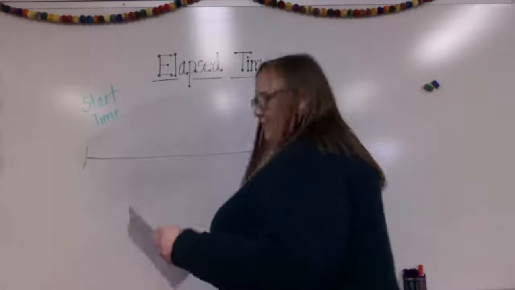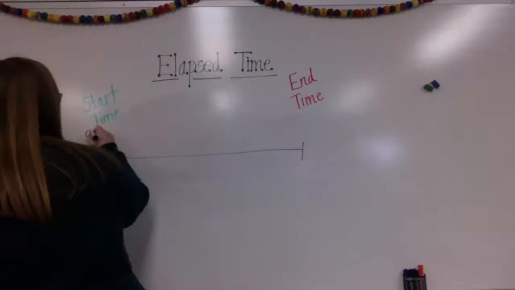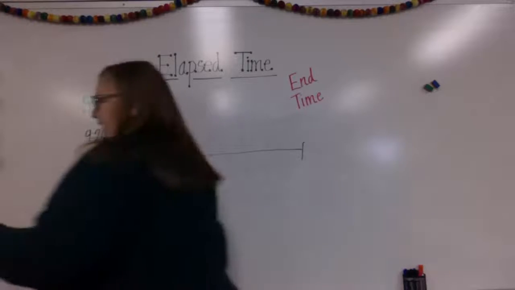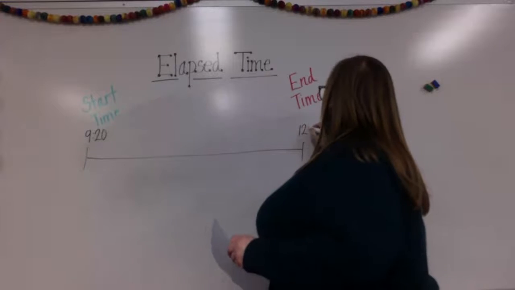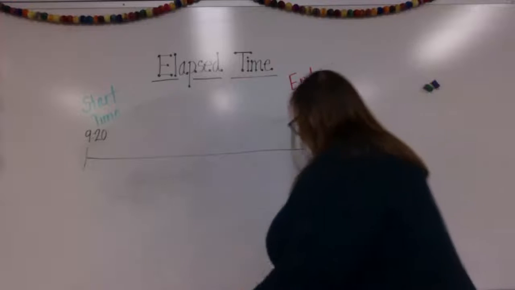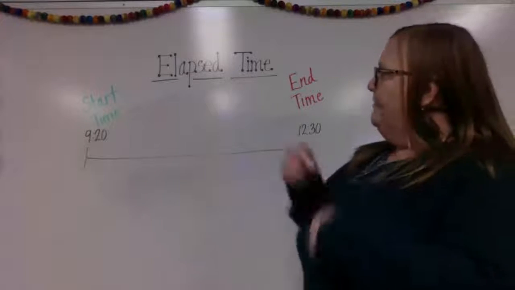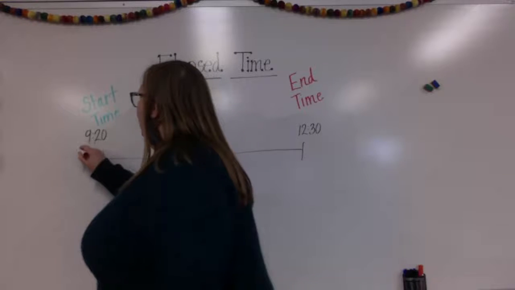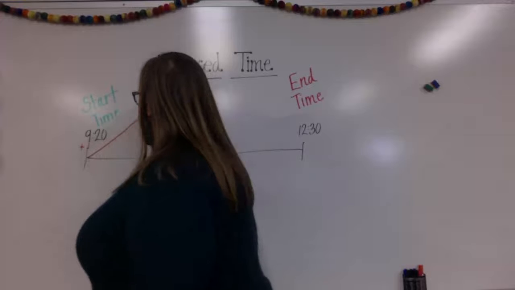So again, we have our start time is 9:20. So I'm going to put that over here. Our time that they stopped playing and she left her house was 12:30. All right. So I'm going to start with my hours, which is my mountains. So if I added 1 hour to the hour side, 9 plus 1 would be 10.